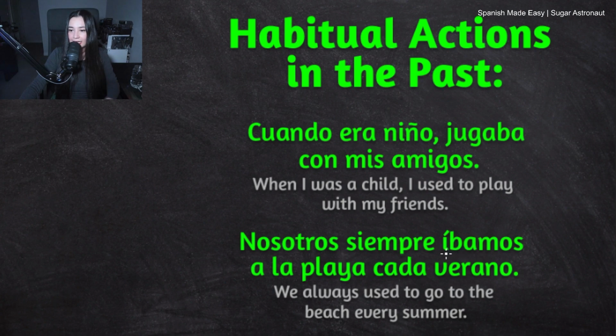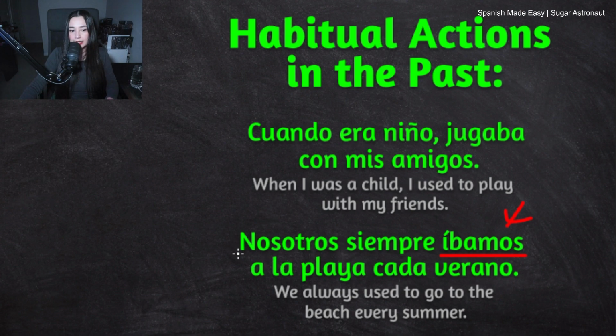We can see the imperfecto, el imperfecto right here. Íbamos, íbamos. That is a verb conjugated in the imperfect tense. So right here, this comes from the verb ir, okay, ir, and the imperfect form is íbamos, okay.